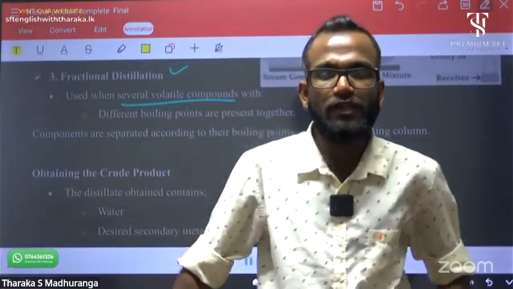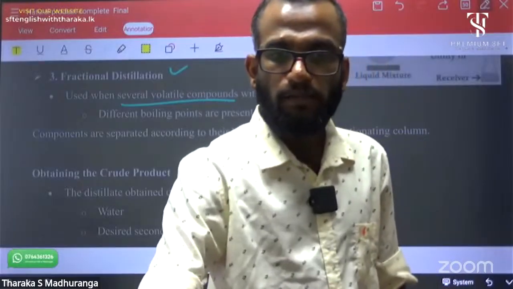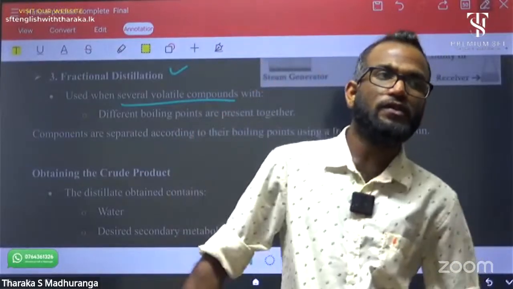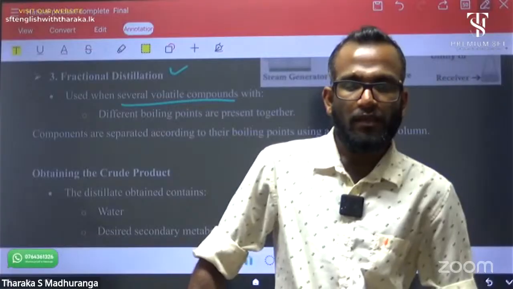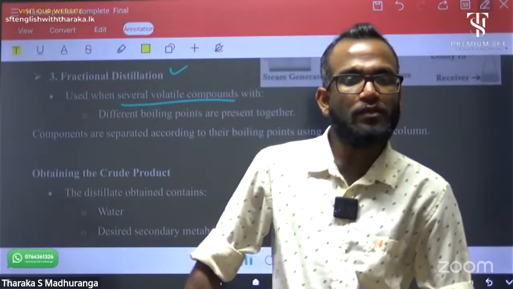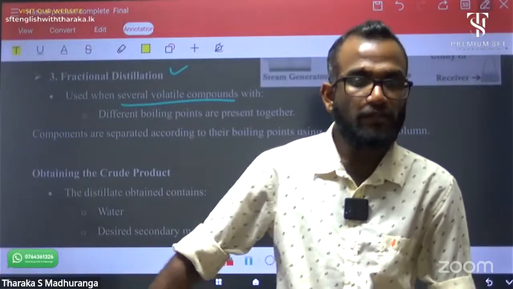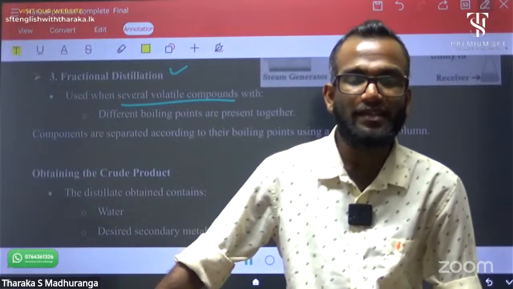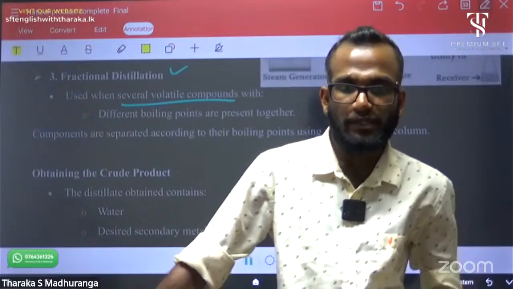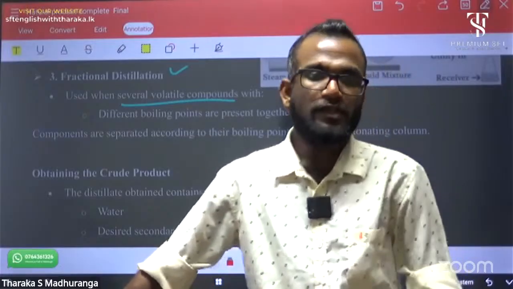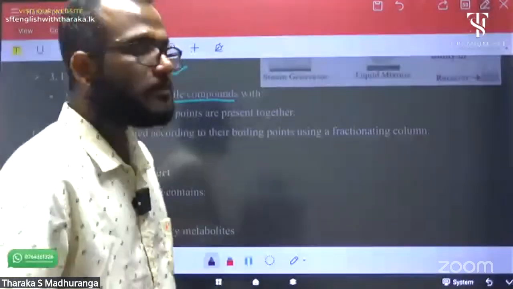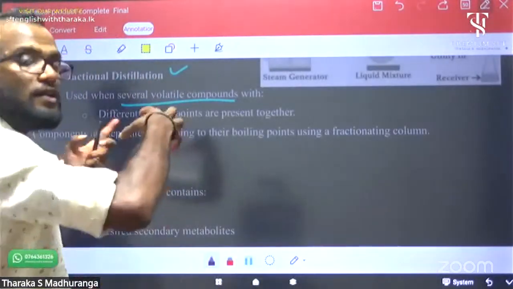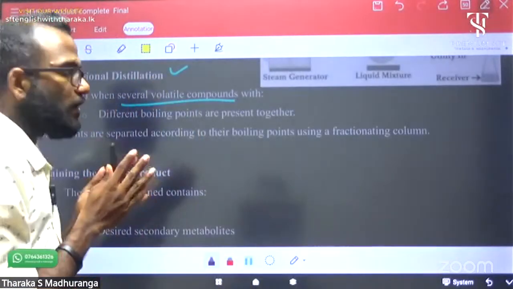Fractional distillation we can use for separation and purification of crude oil. Purification of crude oil we can use fractional distillation. This is a method. Fractional distillation is used for purification of crude oil and petrol and diesel separation. Using this fractional distillation, we can separate several compounds at one time. That's the main advantage.